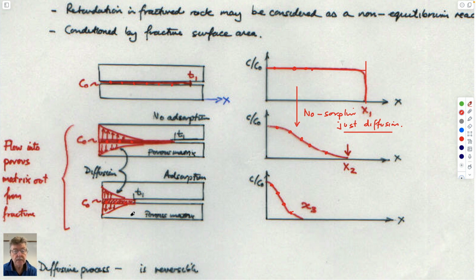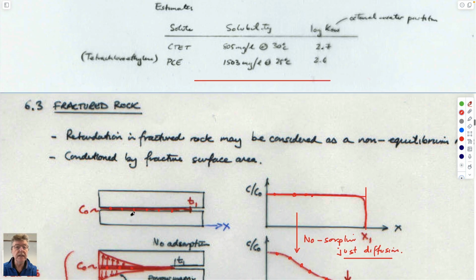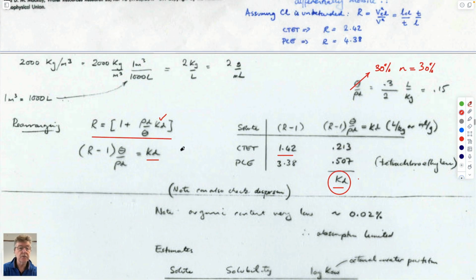So it's obvious that a key parameter we need to get is this distribution coefficient. If you don't have a readily available natural gradient test to be able to recover the retardation factor from, and therefore get this, then you have to do it some other way.